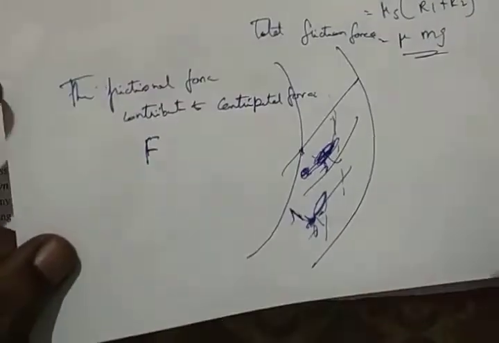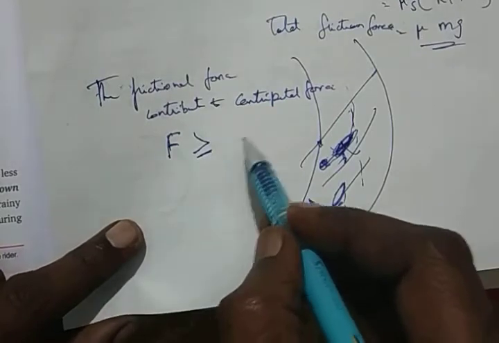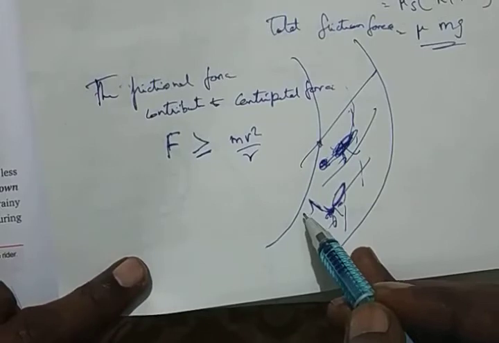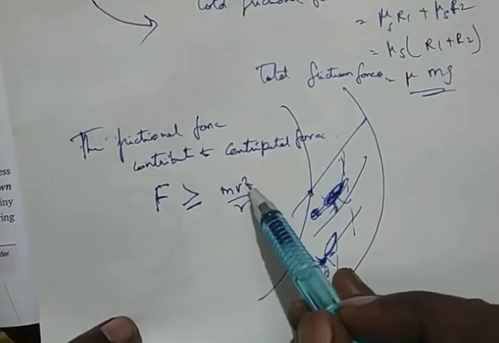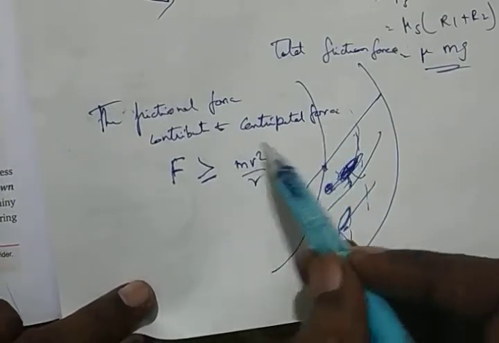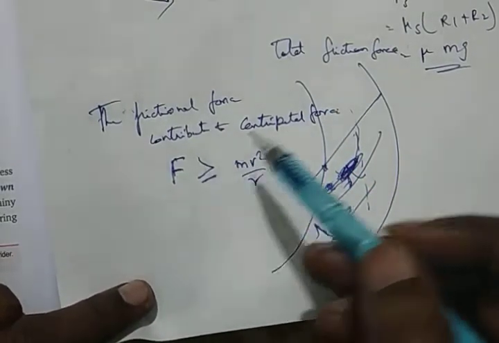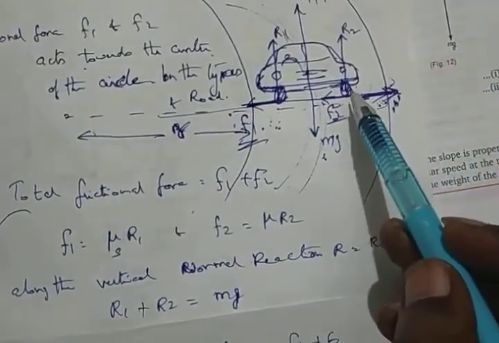So the frictional force should be greater than or equal to the centripetal force, that is mv square by r. If the velocity is more, the centripetal force will be more, and if the centripetal force is more than the frictional force, the car will slip out and will not be able to stay on the track.